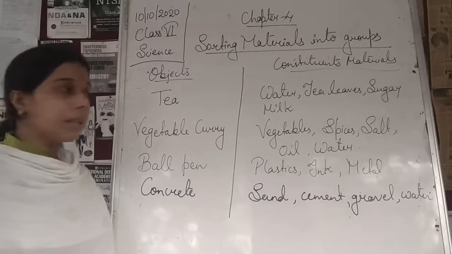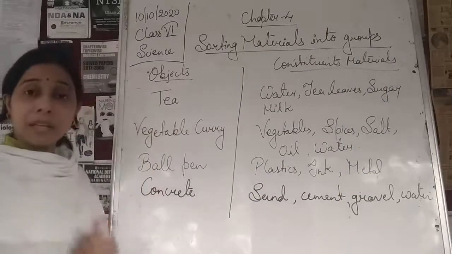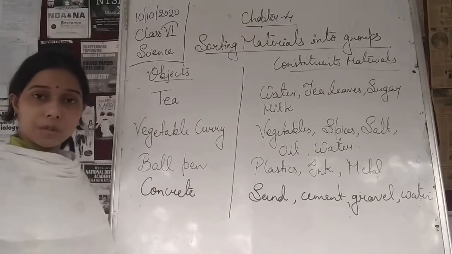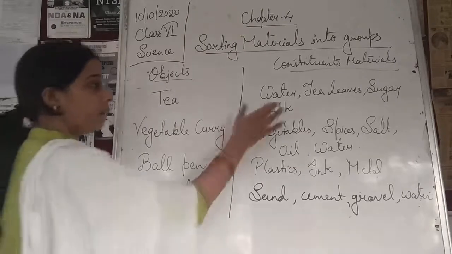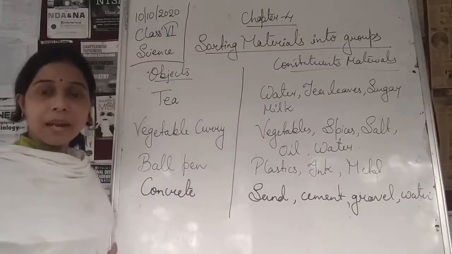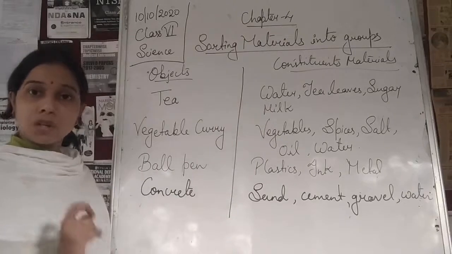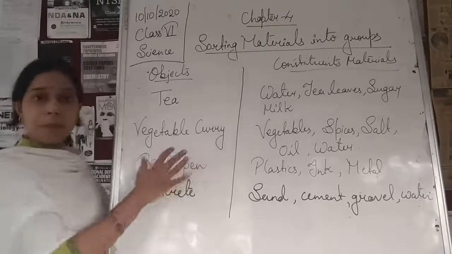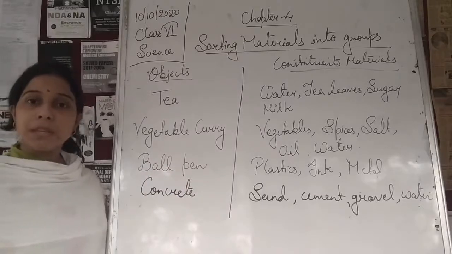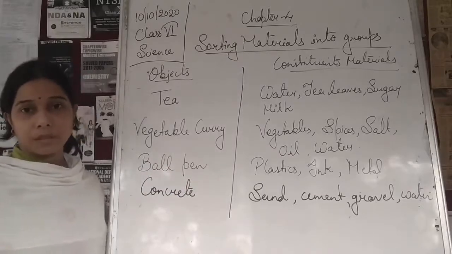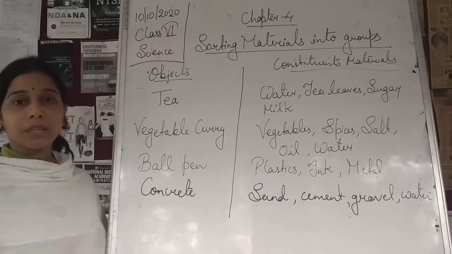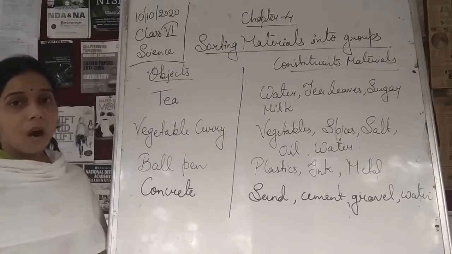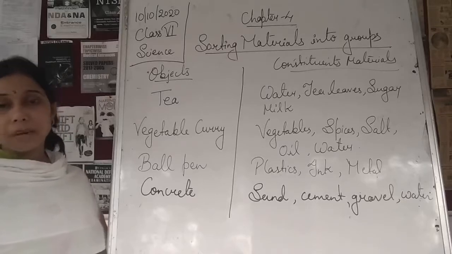Now by this, I think you are able to understand what this table indicates. You see, student, tea is there. Now tea is an object, and this object is made up of water, tea leaves, sugar, milk, right? If you want to prepare a vegetable curry, so vegetable curry is an object, and this object is again made of a different kind of constituent material, students.